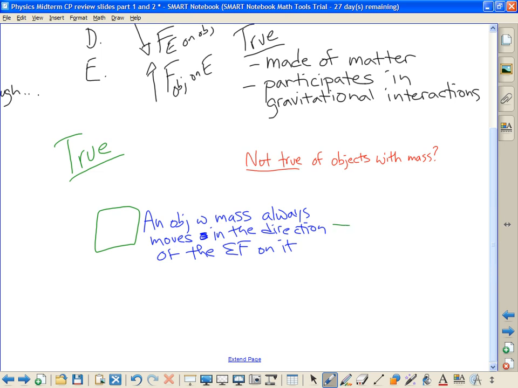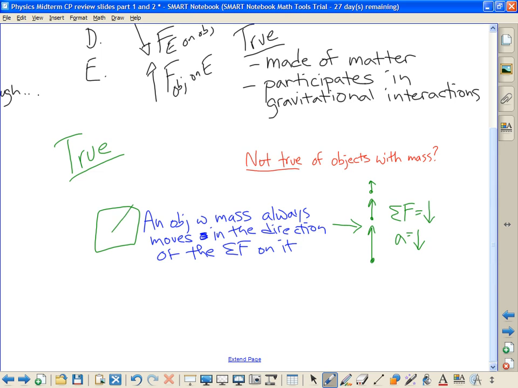Okay. So an excellent counterexample, something thrown up. It's moving in this direction. Its velocity is up, but the total force on it is down. That's why it's accelerating in the down direction, and the speed decreases. Speed decreases, stops, then the speed starts increasing again in the down direction.